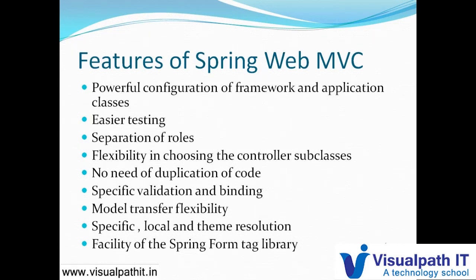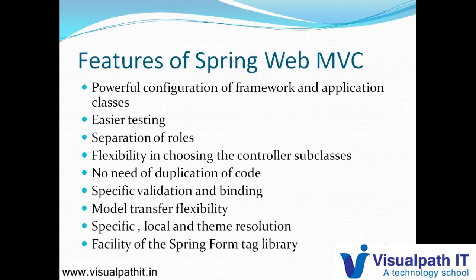So now let's come to the third feature of Spring Web MVC, the separation of roles. What exactly is separation of roles? Each and every component of the Spring Web MVC framework performs its own role. That is, when a request needs to be handled by the components, each component will have its own role.